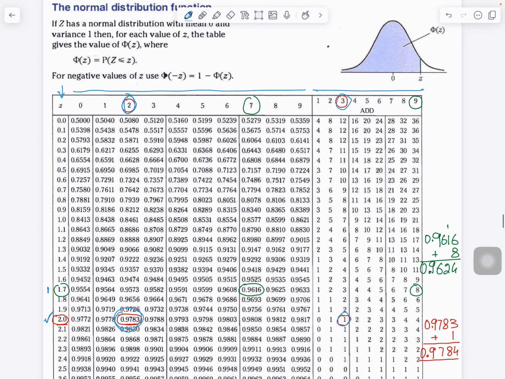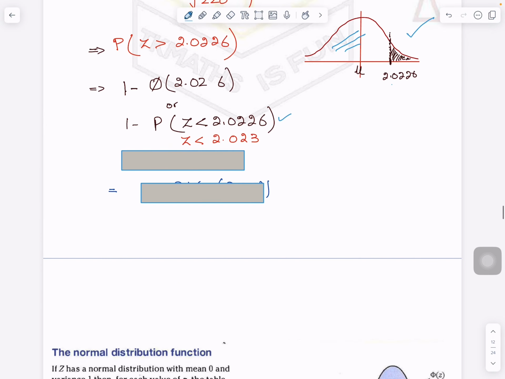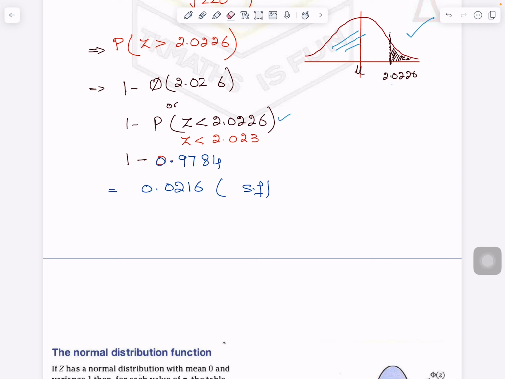So you can see I have added here 0.9783 plus 1, so I got 0.9784. So 1 minus 0.9784, and I got the answer. You write the probability in 3 significant figures. I hope this is clear.